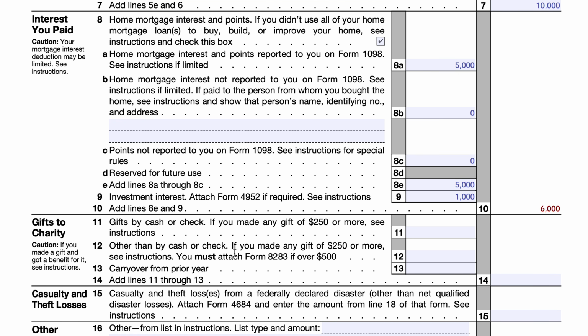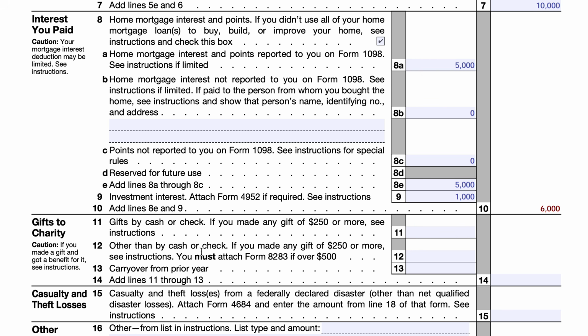Charitable deductions. So we've got 3 lines. Line 11 is for gifts that you made by cash or check. If you made a gift of $250 or more, then you need to have basically what's known as a contemporaneous written acknowledgement from the charitable organization.